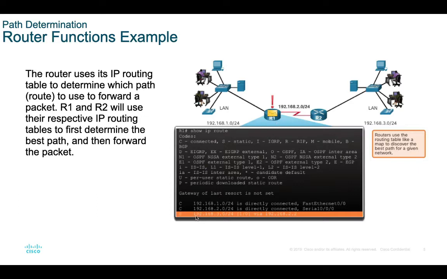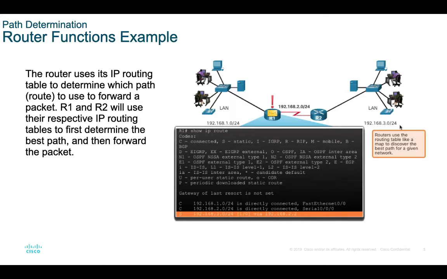So it is configured so that in order to go to network 192.168.3.0/24, it must go via 192.168.2.2. So where is 2.2? 2.2 is actually inside the network 192.168.2.0/24. And 192.168.2.0/24 is connected through serial 0/0/0. You can see here in the diagram, this is serial 0/0/0.